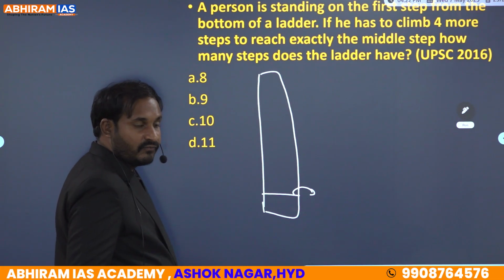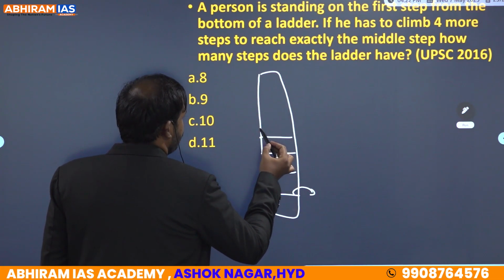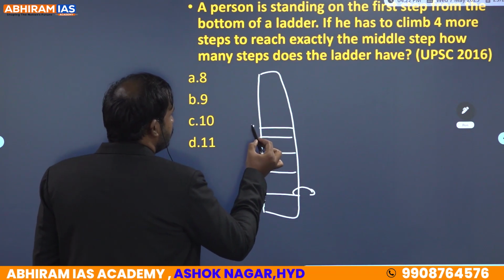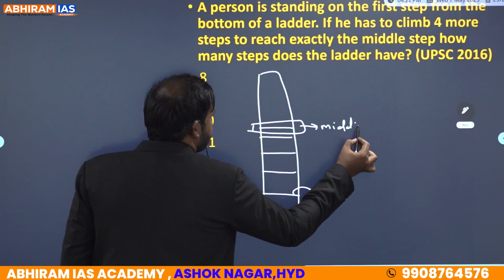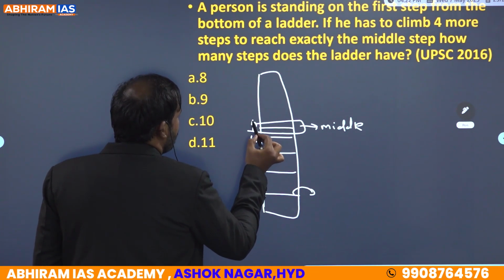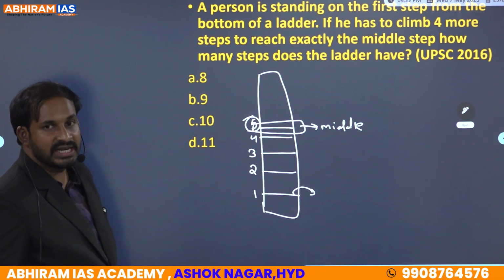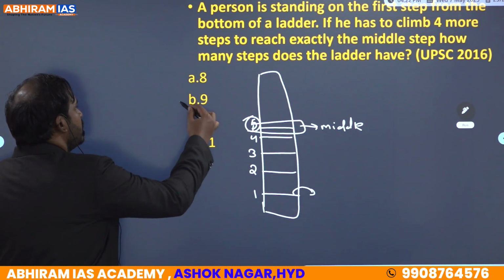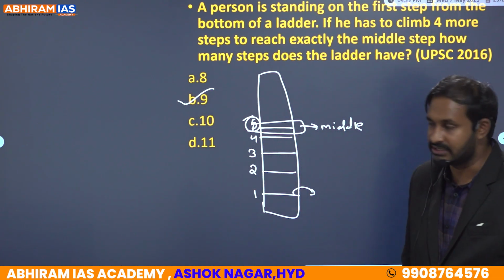Now he needs to climb 4 more, that means 1, 2, 3 and 4. Then after coming to this position, he came to know that this is the middle position. If this is first, this will become second, third, and this one will become fifth. If the fifth one is the middle one, then the ladder will have 9 steps for us in this case.